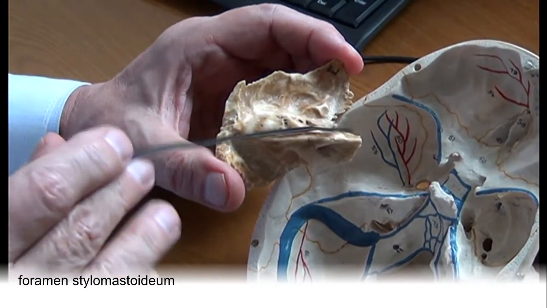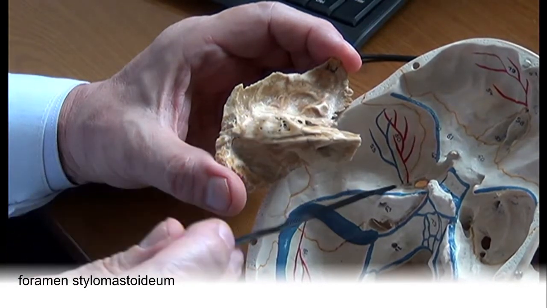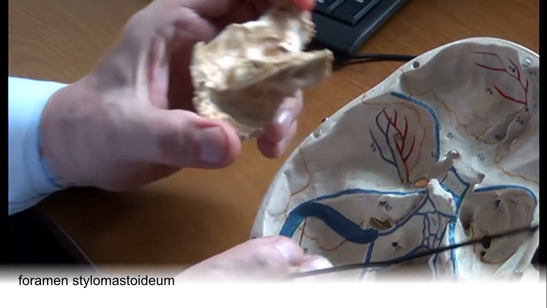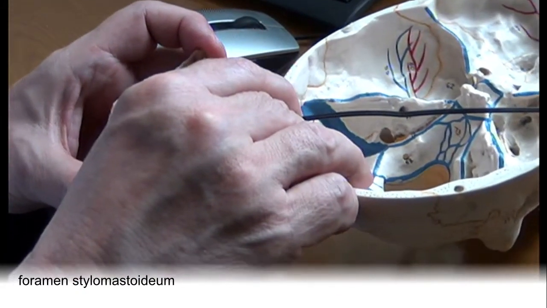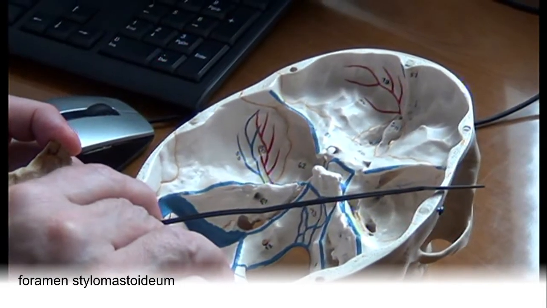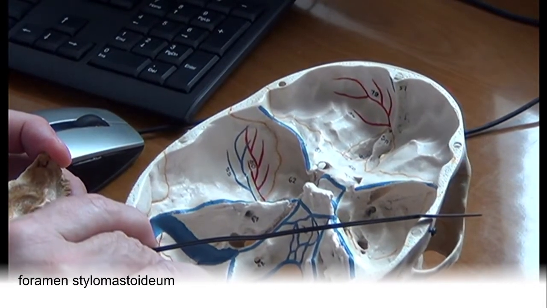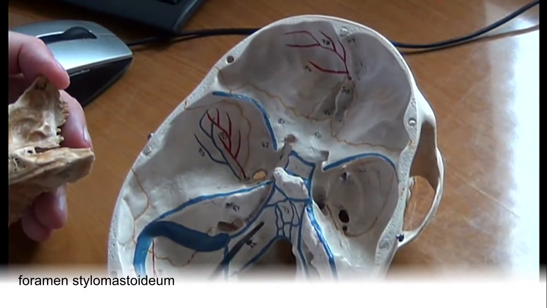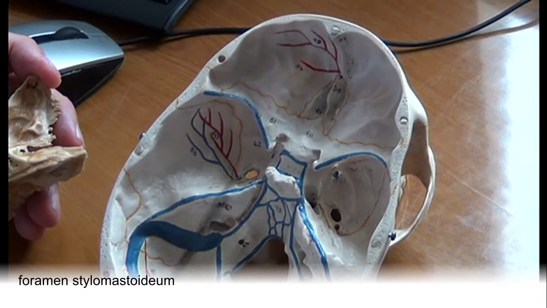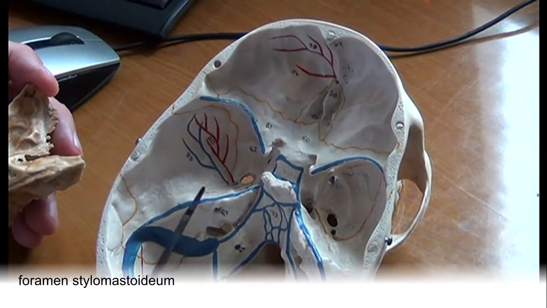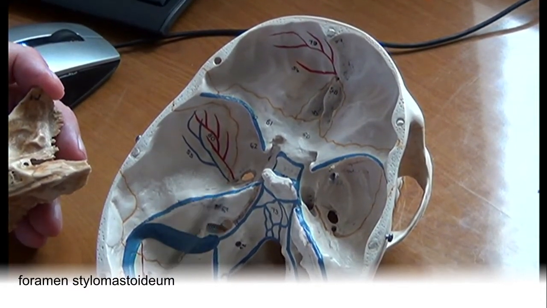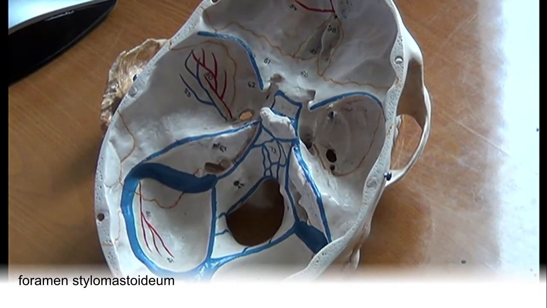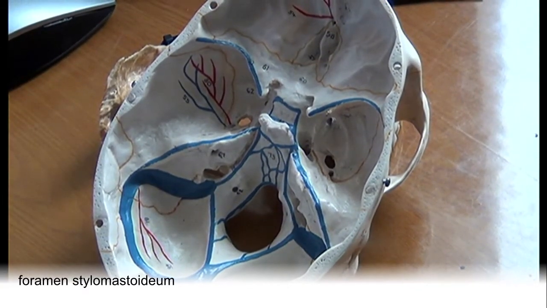First of them is here. If we put our skull in the right position this way, this surface we call the anterior surface of pyramis.